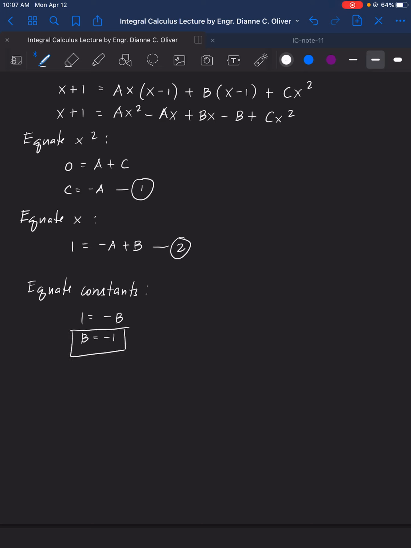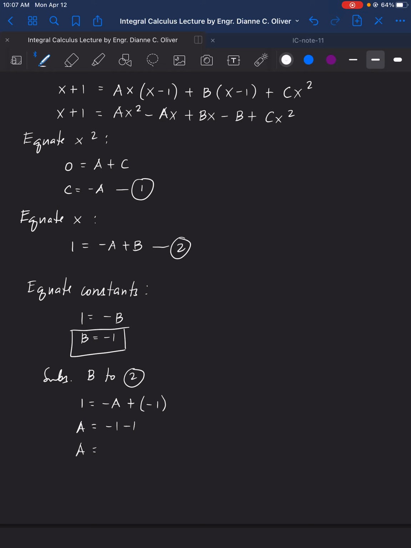Having the value for b, substitute b to equation number 2 to get the value for a. So we have there 1 is equal to negative a plus negative 1. So we transpose a here. So we have a equals negative 1, negative 1.